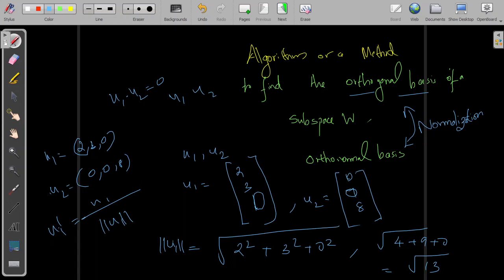The normalization process is the vector divided by the norm of that vector, like a unit vector. So that is the orthogonal basis and orthonormal basis. Once you have an orthogonal basis, it is easy to get an orthonormal basis. So we will discuss the orthogonal basis.